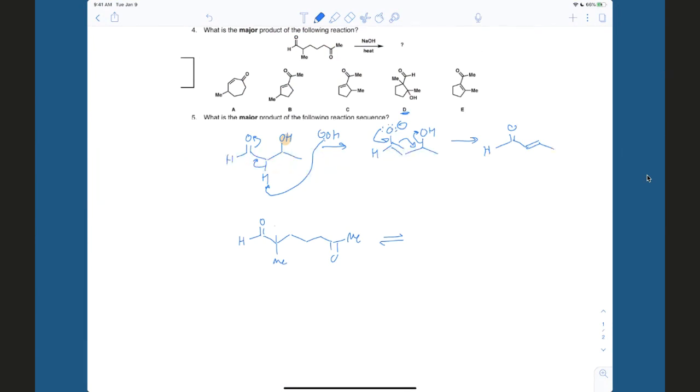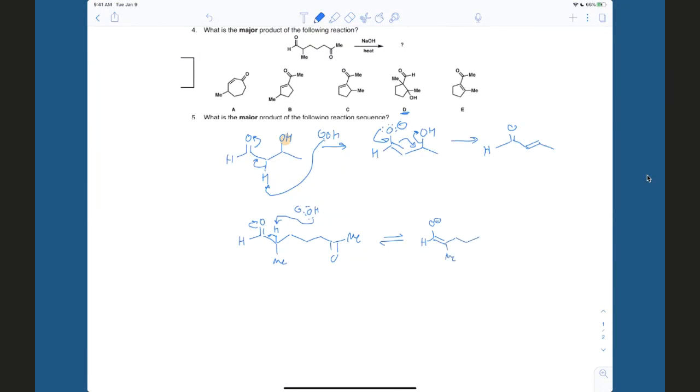So in this case, to get to this potential product D that isn't able to eliminate, we would first make our enolate by deprotonating the aldehyde.